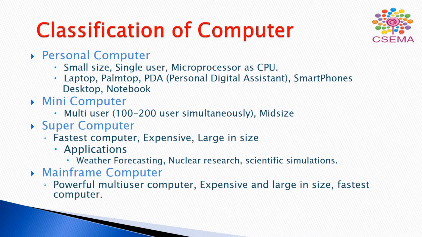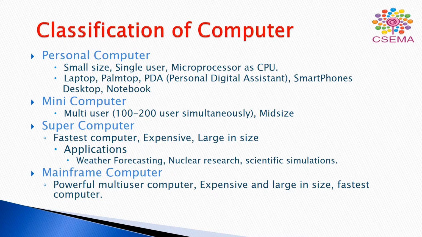And we can also classify the computer on the basis of its size and speed, means the speed at which the computer performs, and these can be classified into four categories. First category is the personal computer.